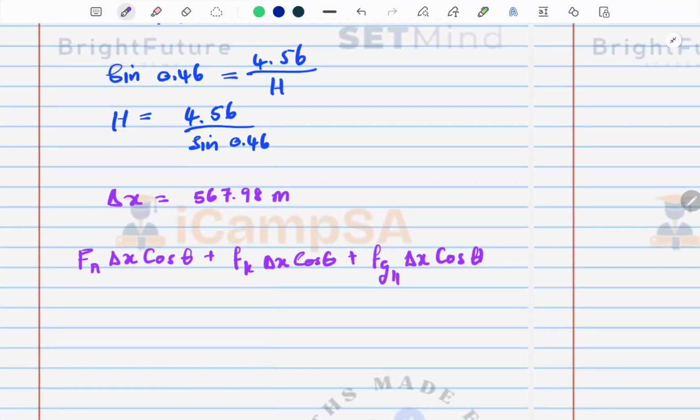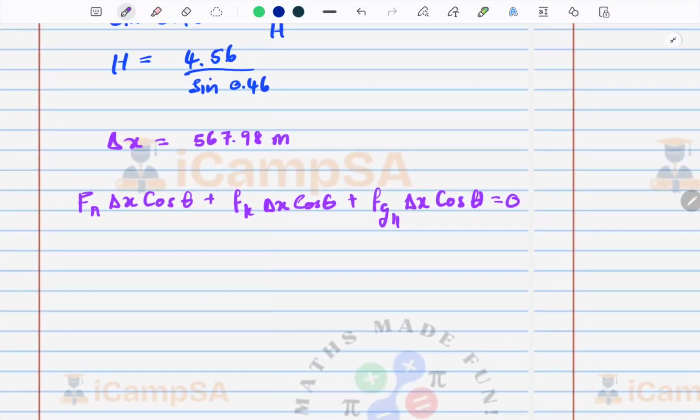And then all of this is equal to 0. This is what I've got. So you can add the other forces so that it's easy to follow.